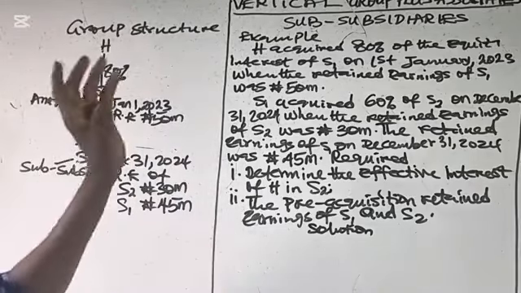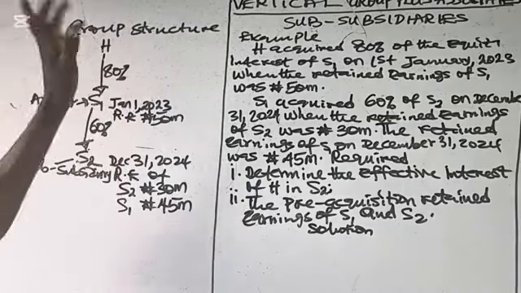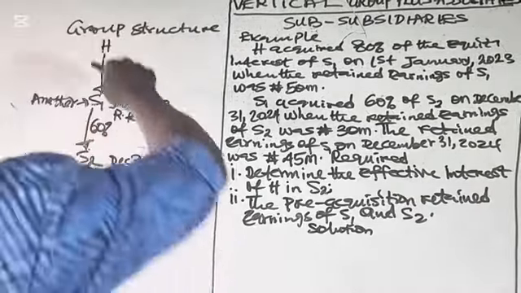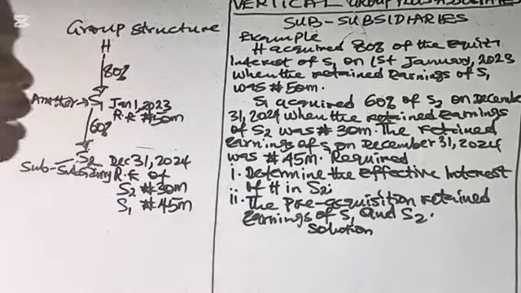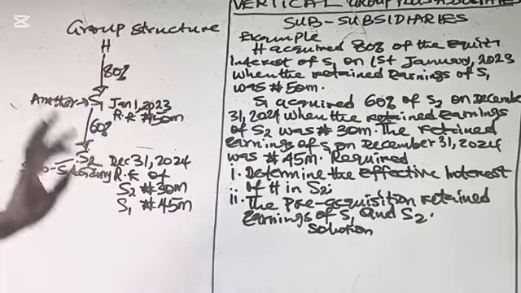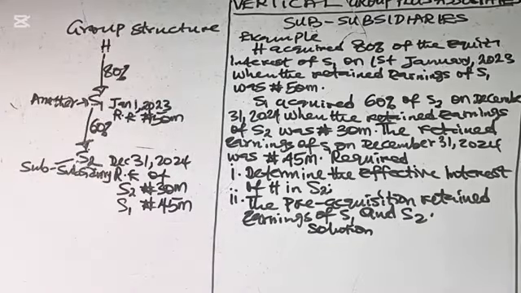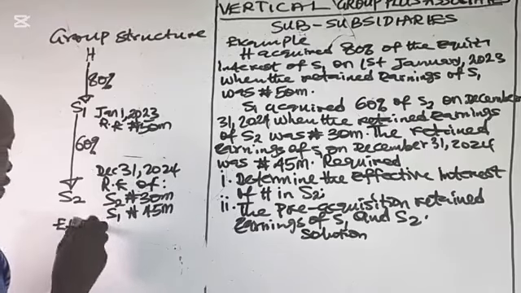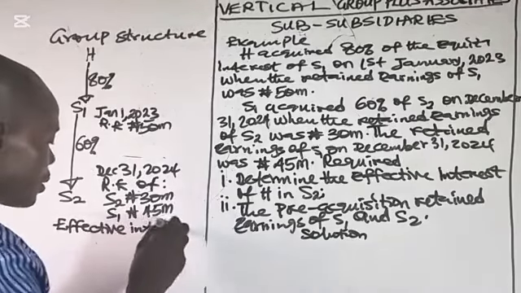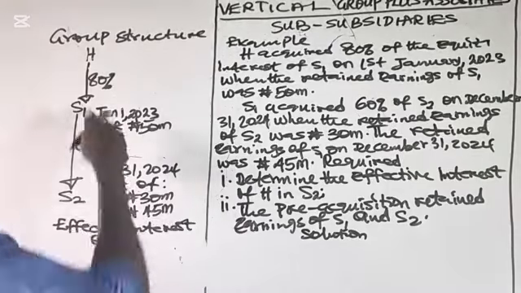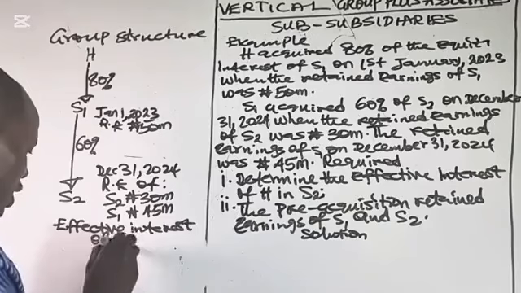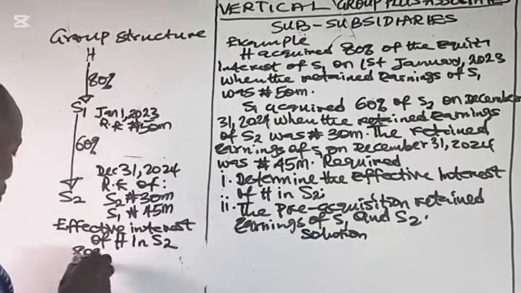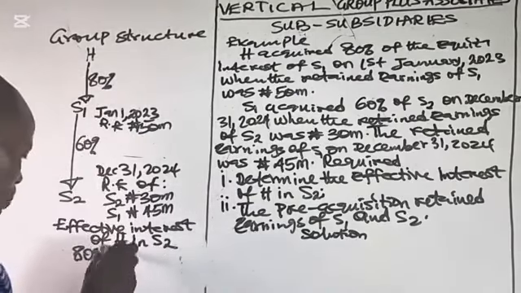Now, when we are given a problem involving a sub-subsidiary, the first thing is to determine the effective interest of H in S2, the effective interest of the parent company in the sub-subsidiary company. And to do that is very simple. The effective interest of H in S2 will be 80% multiplied by 60%.